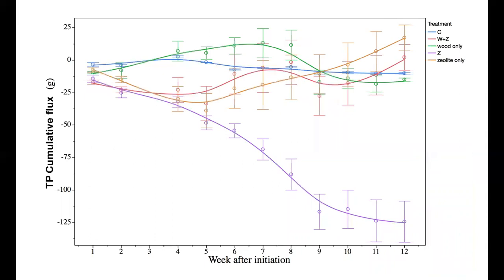Okay, now this graph here shows weeks after initiation on the x-axis, and then TP cumulative flux again on the y-axis. However, now instead of just the zeolite treatment, which is the purple line, control the blue line, and the woodchip zeolite treatment, the red line, we also have the woodchip zeolite treatment broken down into wood only.